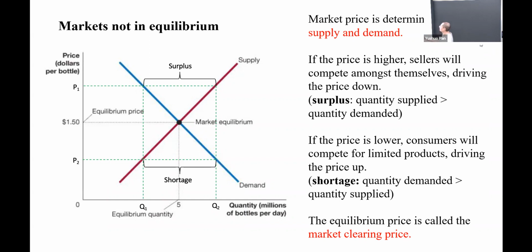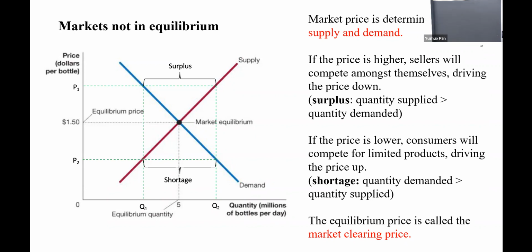If shortage happens, more demand and fewer supply, then in this scenario, consumers are going to compete with each other. Because with the limited quantity, I want to get it, I do not want other people to get it. What I will do, I'm going to pay a higher price to get that product. That will drive the price up.